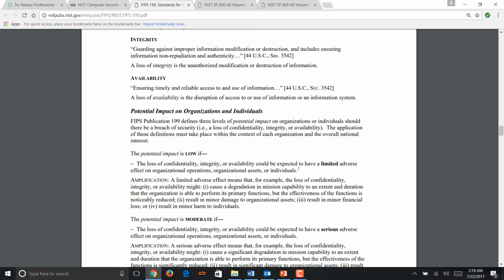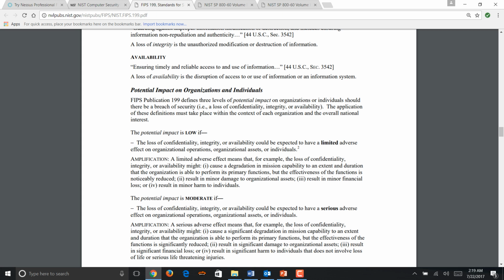Result in minor damage to organizational assets. 3. Result in minor financial loss. Or 4. Result in minor harm to individuals. So this is the definition of a low potential impact.